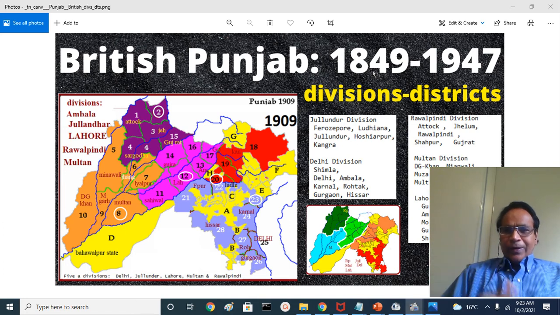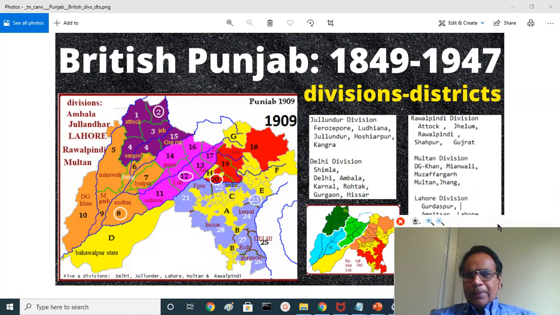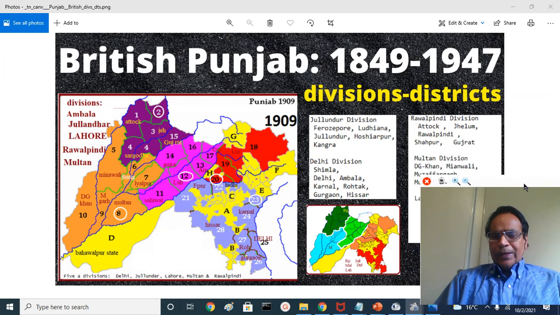The existing Maharaja was deposed, and Dalip Singh, son of Maharaja Ranjit Singh, was sent to Britain, converted to Christianity, married into a British noble family, and essentially alienated from the local Hindu culture and Sikh civilization. The British divided Punjab into what eventually became the final, mature Punjab.